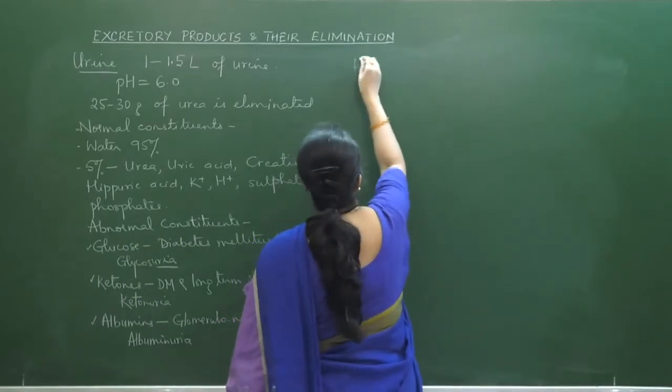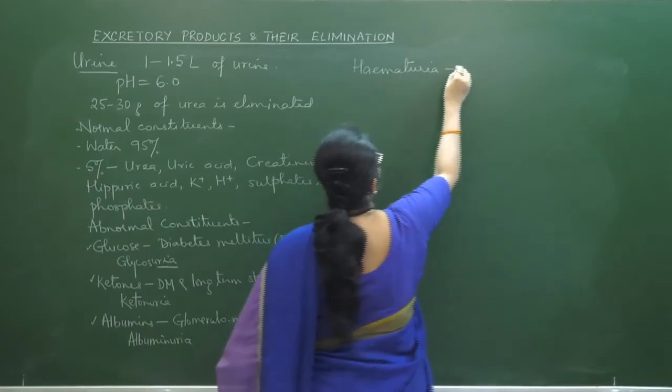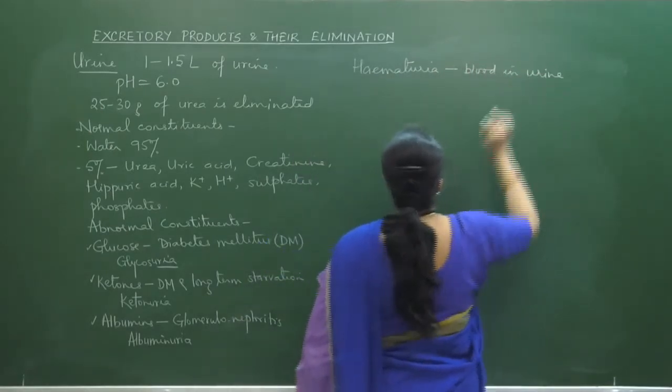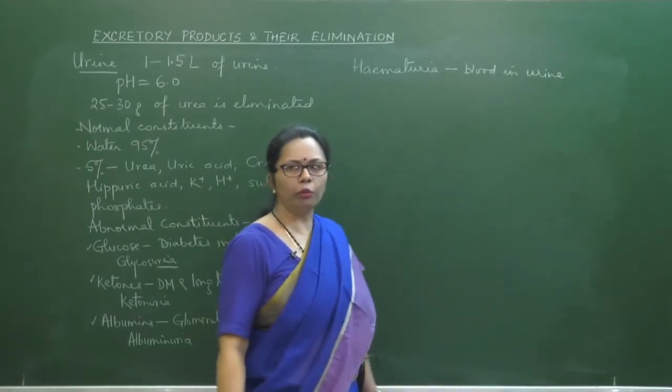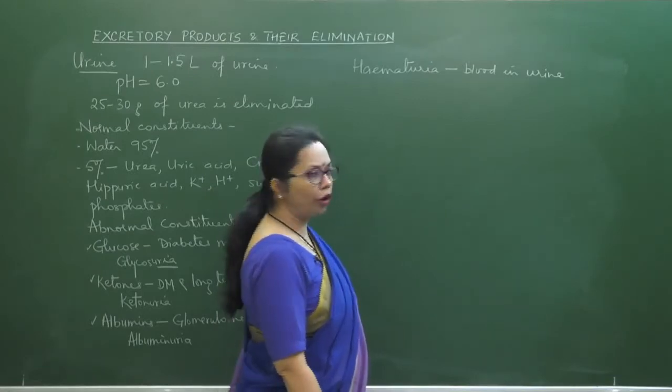Then another one we can mention is hematuria. Hematuria is blood in urine, or you can say RBCs, because when we are talking about blood, RBCs are coming out, RBCs being the most abundant formed elements.